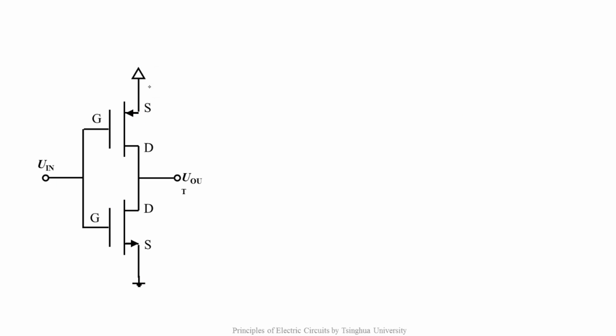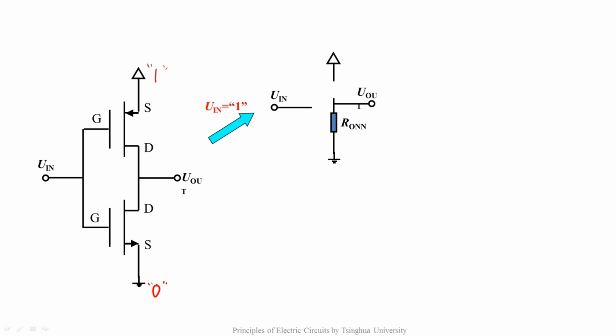The source of the PMOS is connected to the high level, that is logic 1, and the source of the NMOS is connected to the low level, that is logic 0. Now put a logic signal in. If the input signal is logic 1, for the PMOS, USG equals 0, since its source terminal now is connected to logic 1, while for the NMOS, the UGS equals logic 1.